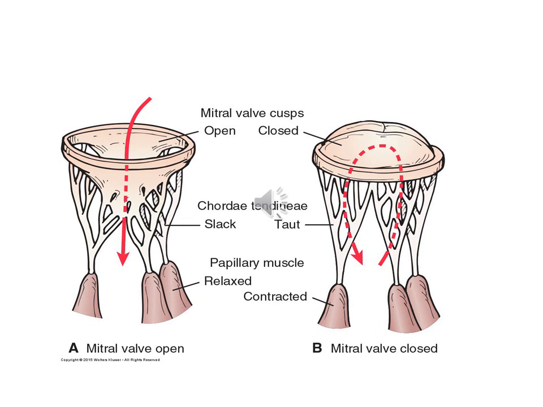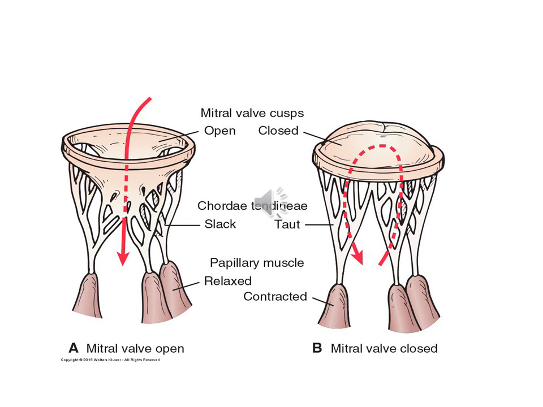As I said previously, the contraction and relaxation of these papillary muscles play a role in opening and closing the valve, so when they are relaxed, the mitral valve opens, allowing the blood to come down from the atrium toward the ventricle, while in diagram B, the mitral valve is closed.